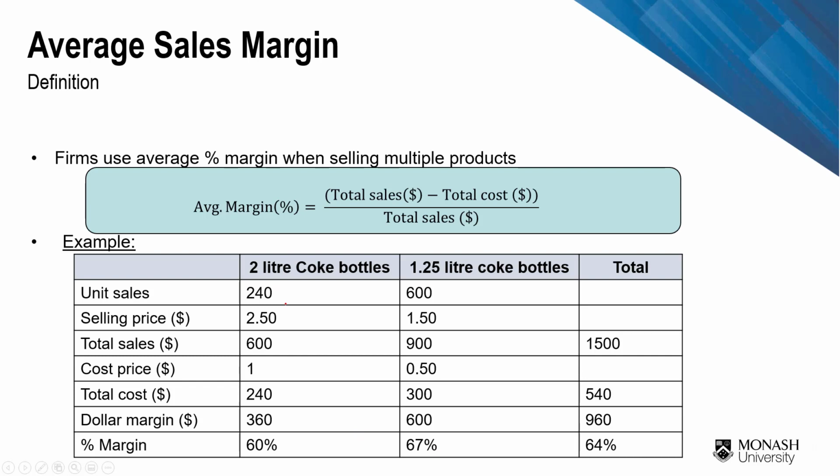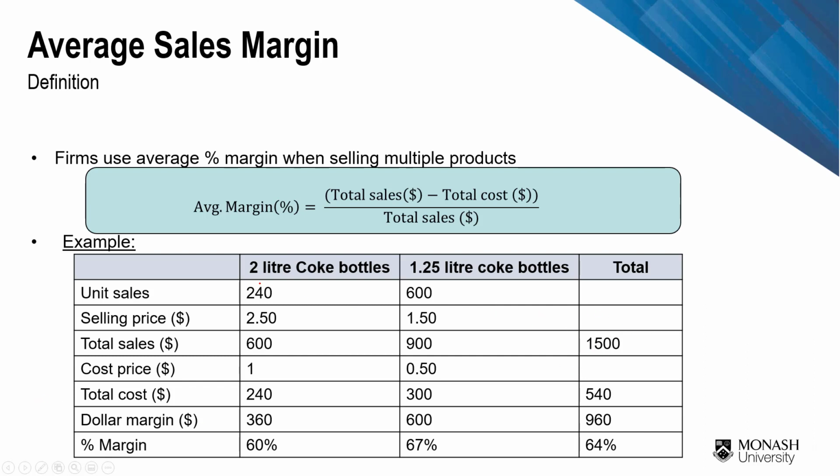Now, you can calculate a single margin for each product. Here, as before, you can calculate the unit margin and then the percentage margin. So that's what this is doing. Now, you can calculate the average margin. It's basically the total sales of the Cokes, the 2 liters and 1.25 liters, so that will be 1,500.